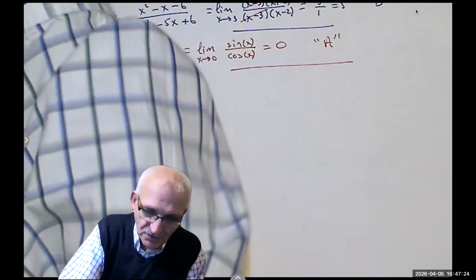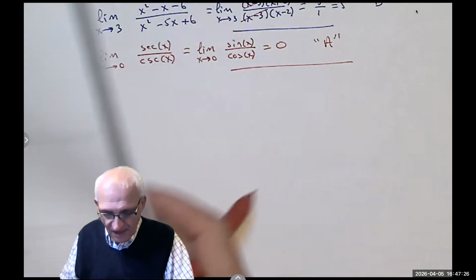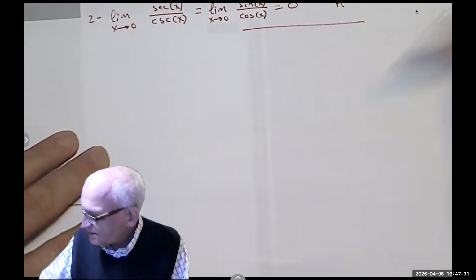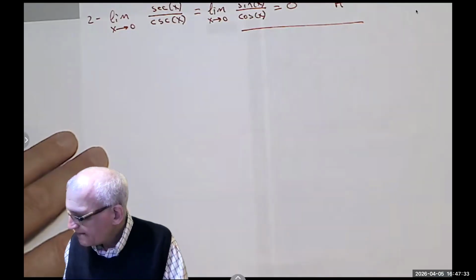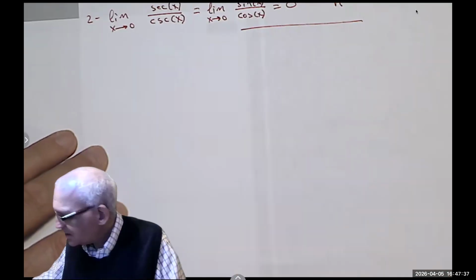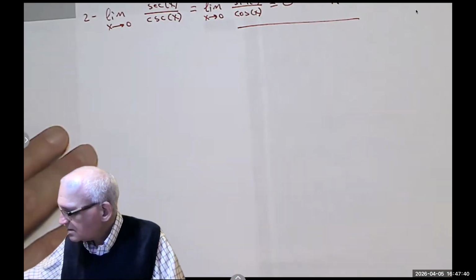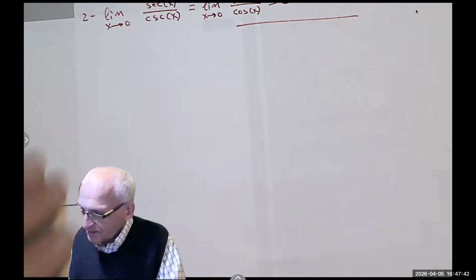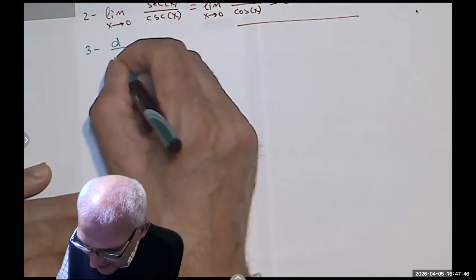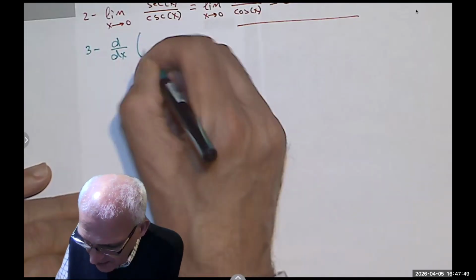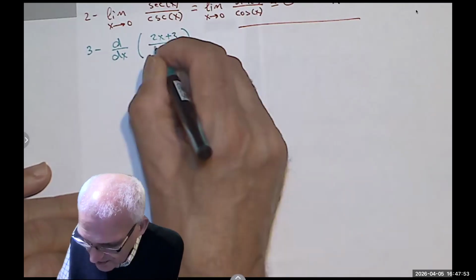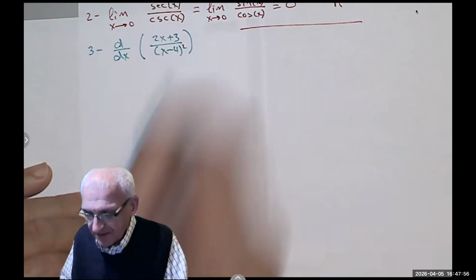Let's move to number 3. Here we have 3 problems, 3, 4, and 5. The third problem asks you to find d/dx of (2x plus 3) over (x minus 4) squared.